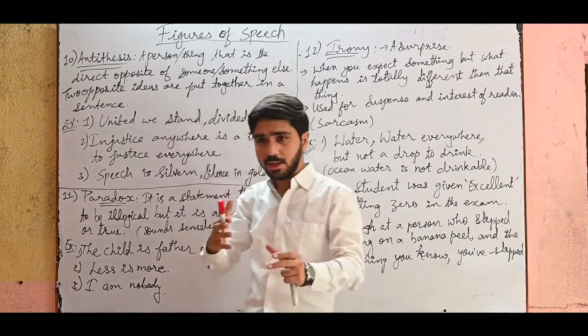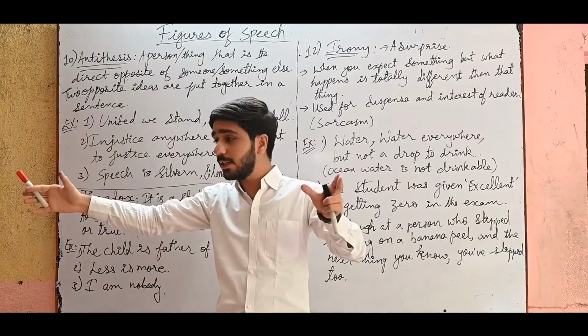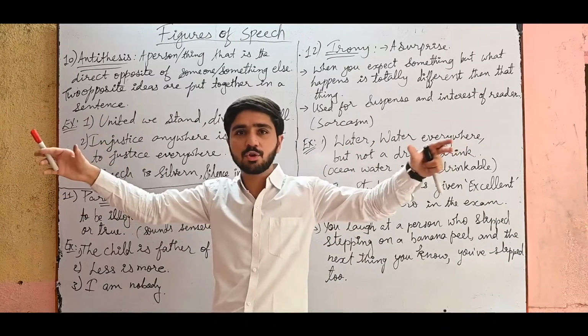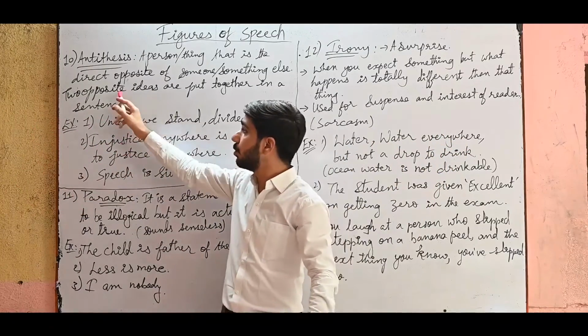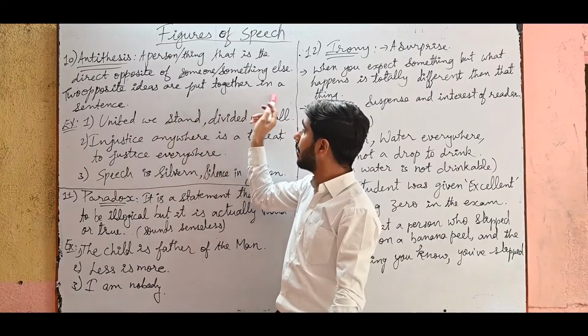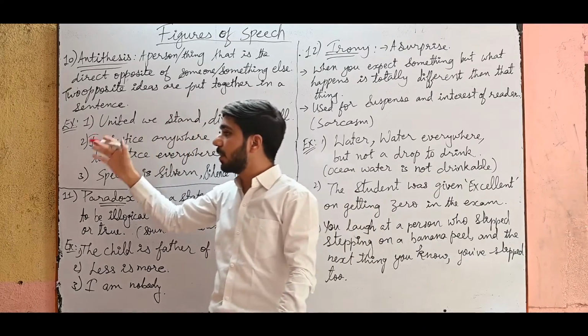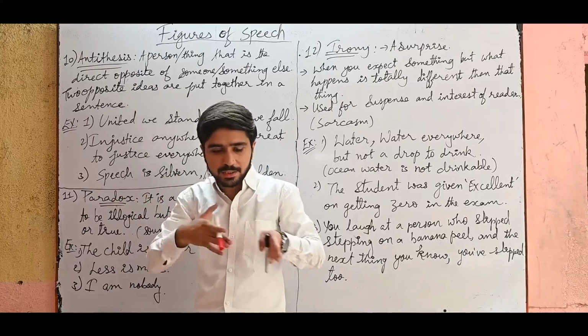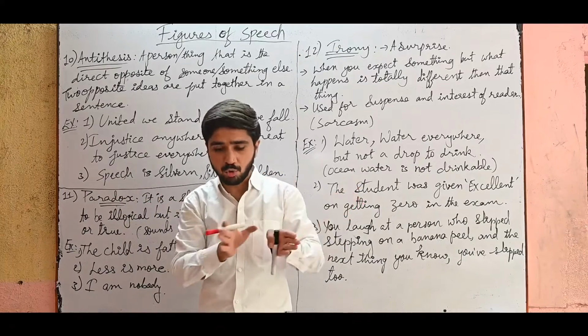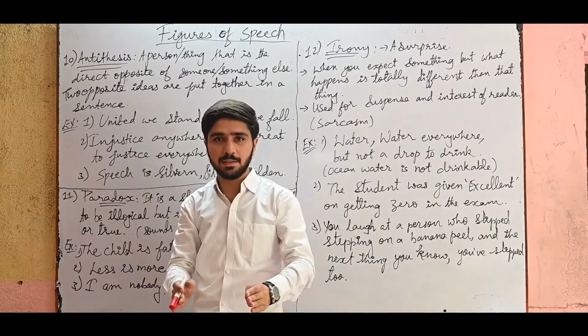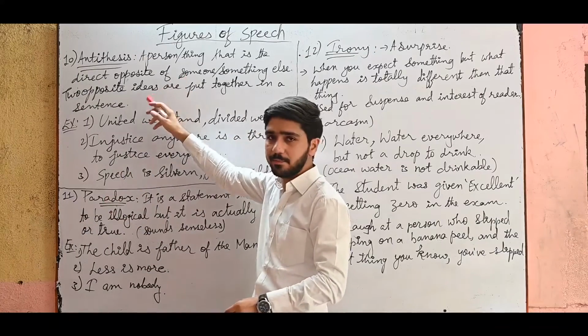Two opposite ideas are put together in a sentence. When I say something and oppose it in the same sentence, that is called antithesis.